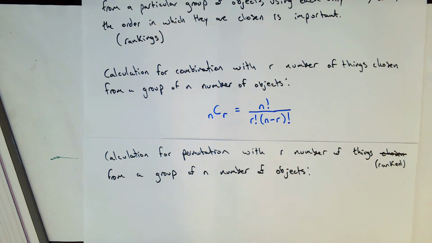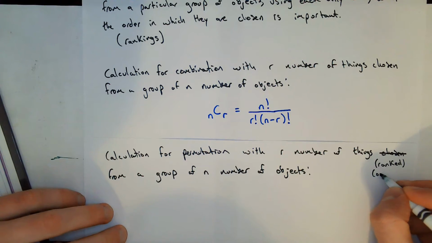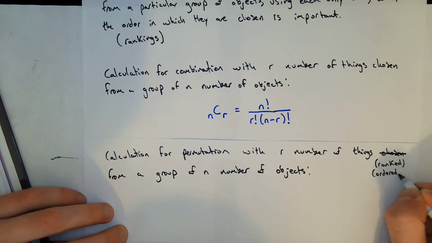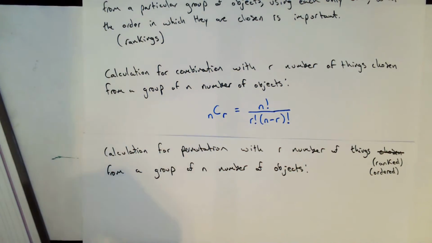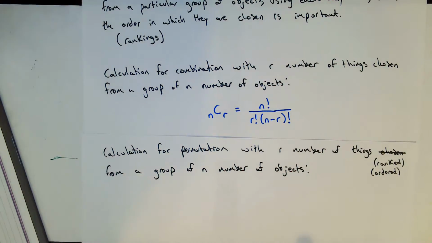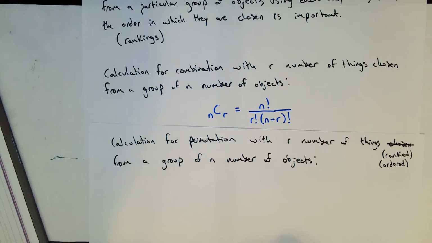It won't always necessarily be specifically ranking things, but the order matters. So maybe you could say r number of things ordered instead of chosen there.